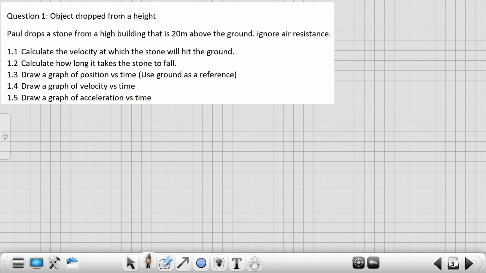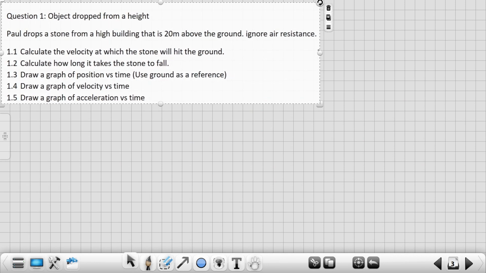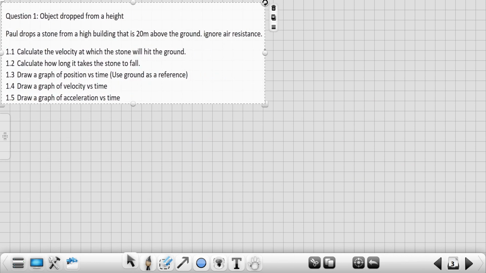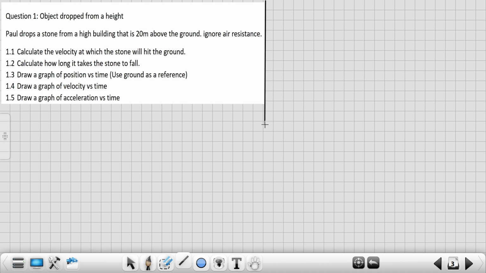So here is a question. It's one of the basic questions. Then I can read it out and say, let's try to solve this one. And we are going to solve it by applying equations of motion.